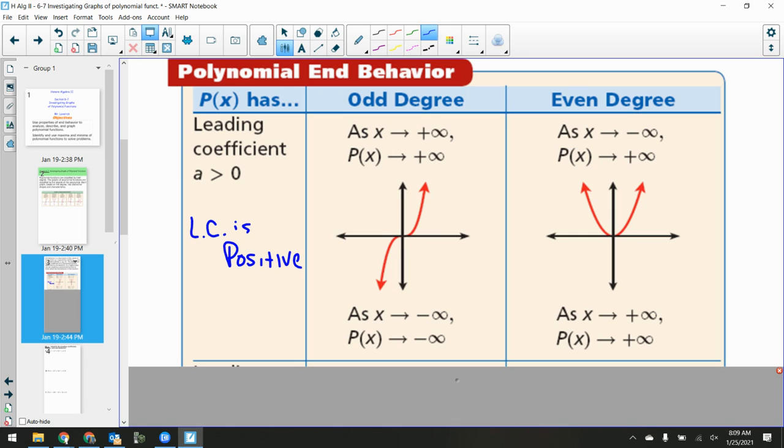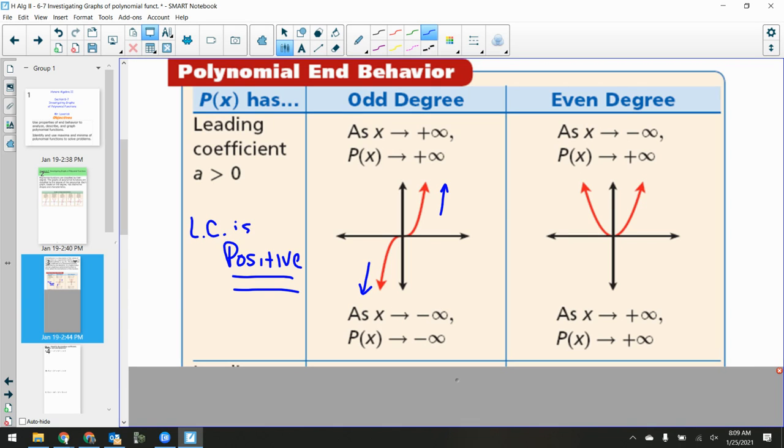If the leading coefficient is positive, it's determined by the degree, whether it's odd or even, which we saw in the first slide there. Leading coefficient positive, odd degree will go down on the left, up on the right. Down on the left, up on the right. Doesn't matter whether it's a 3, a 5, a 7, a 9, it will always go down on the left, up on the right if it's a positive odd.